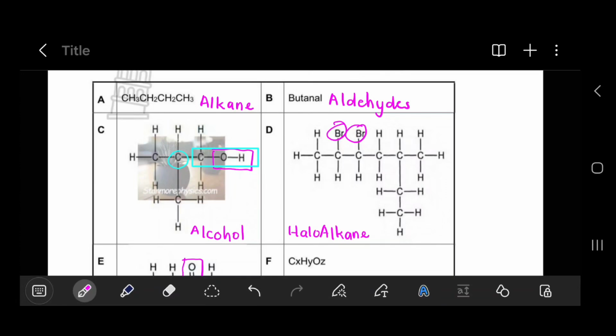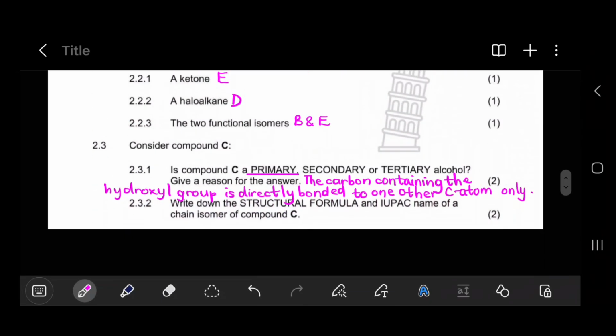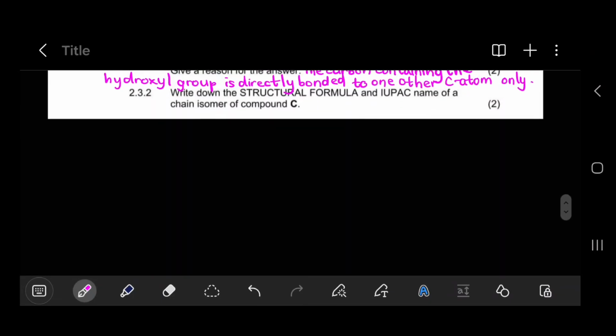So what we need out of chain isomers is that their parent chain length has to be different. Here the parent chain has 3 carbons. What we can do to create a chain isomer of this compound is take this methyl branch and add it onto the parent chain. So we would now have an alcohol with 4 carbons in the parent chain instead of 3 like what we have in C.